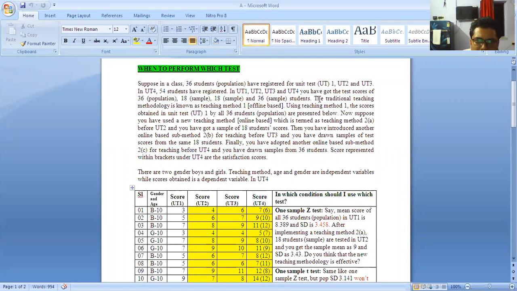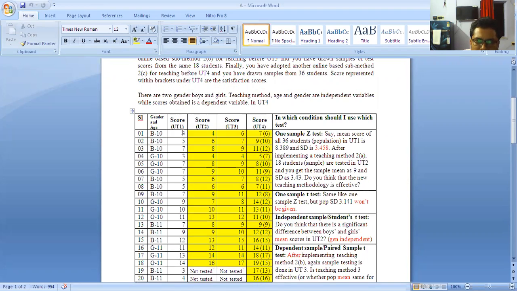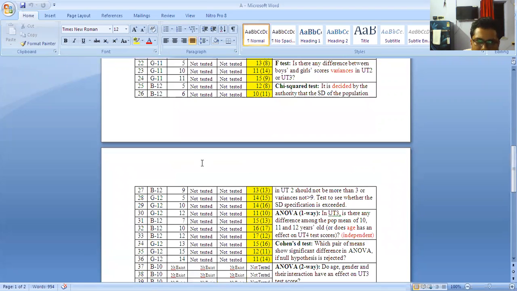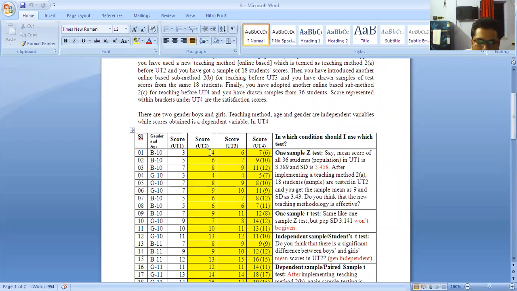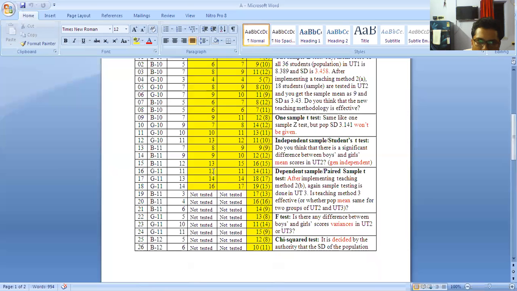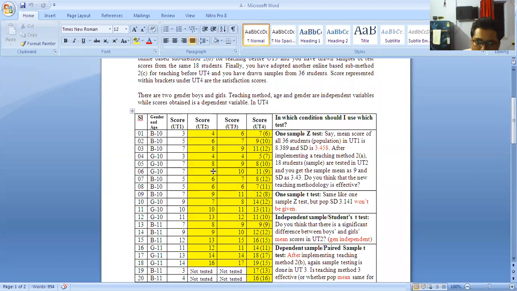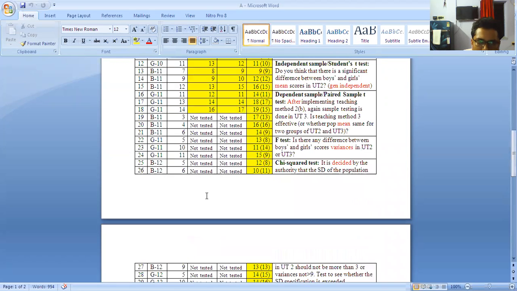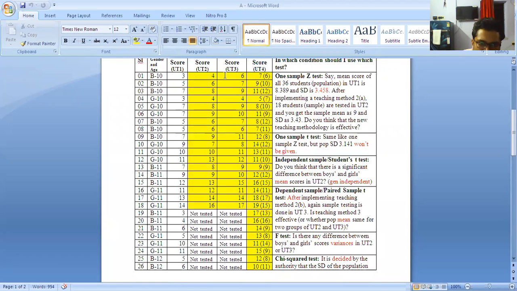In unit test 2, 36 students have registered, but you have not got the scores of all 36 students. Suppose you have taken a sample from only 18 students.